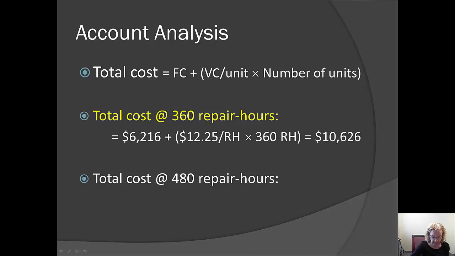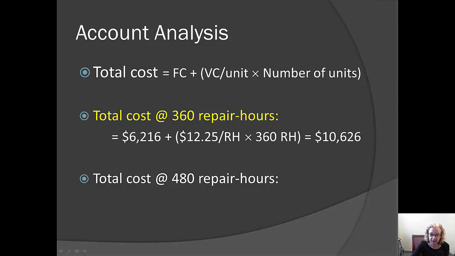And that would give us an estimate of the total cost, $10,626, which has to equal our actual cost because this is the number of repair hours that she actually used in that period. Now, how does that help us predict the future?